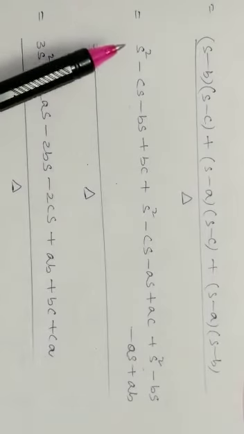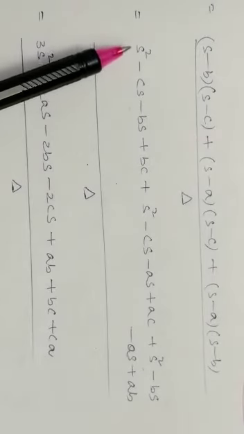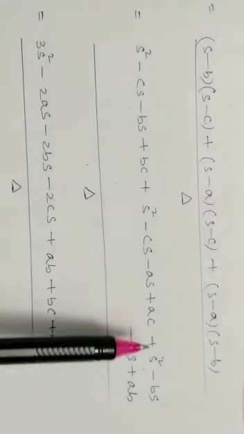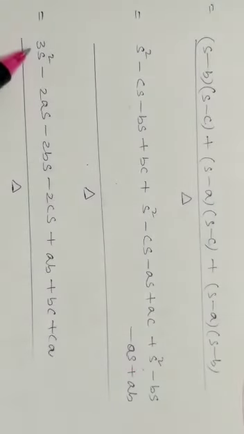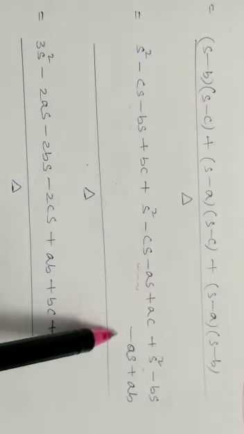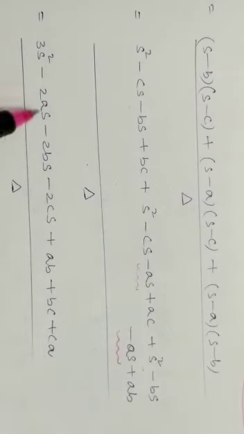If you observe s squares, how many s squares are there? Three s squares are there: s square plus s square plus s square, so 3s square. Minus as minus as, minus 2as.